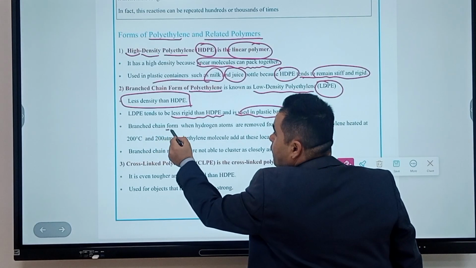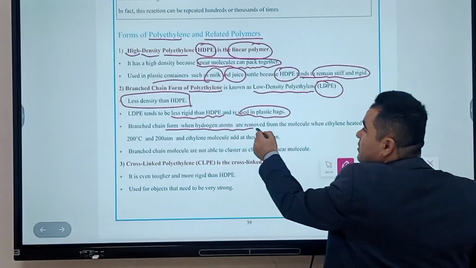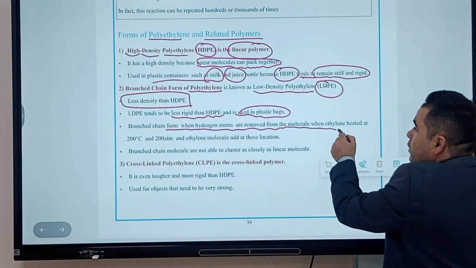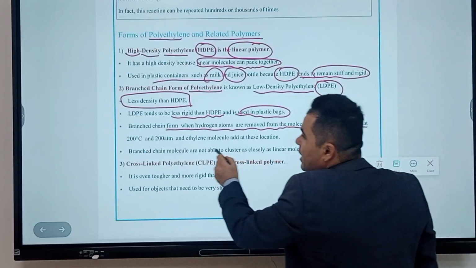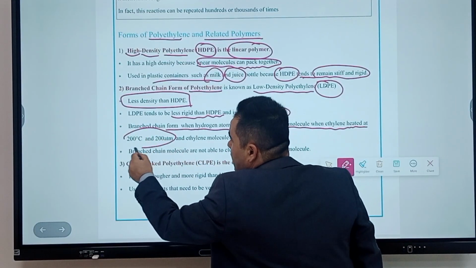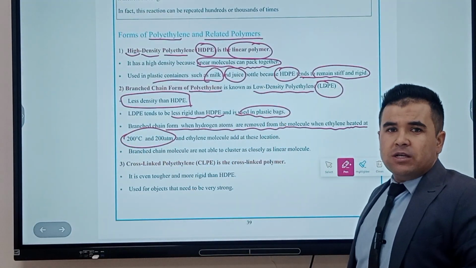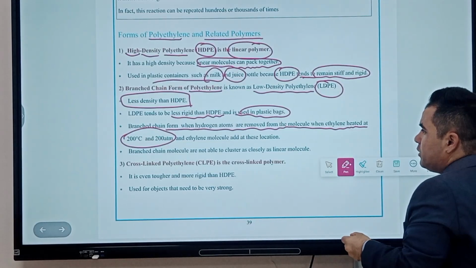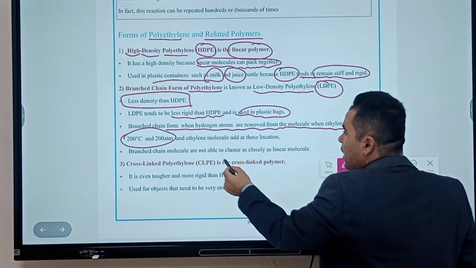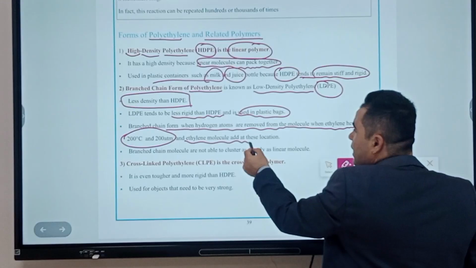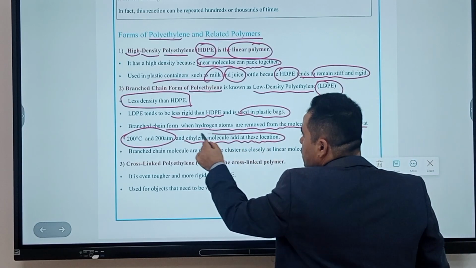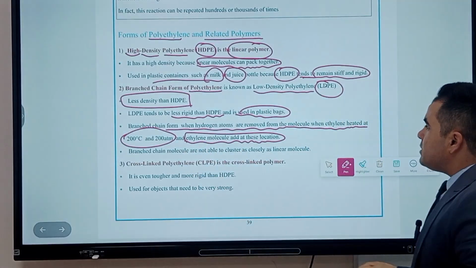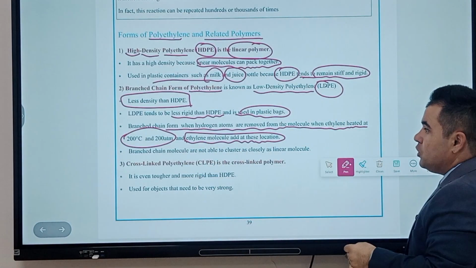The branched chain forms when hydrogen atoms are removed from the molecule, when ethylene is heated at almost 200 Celsius and under 200 atmospheric pressure, and then ethylene molecules add at this location under this condition.